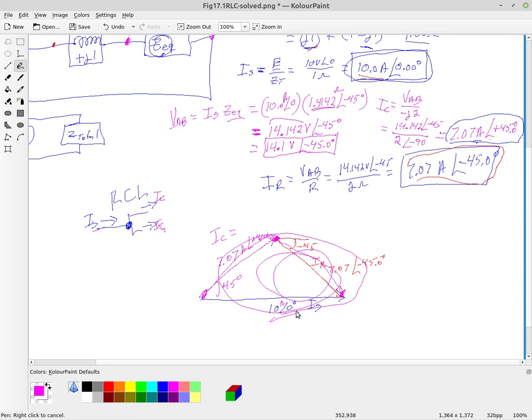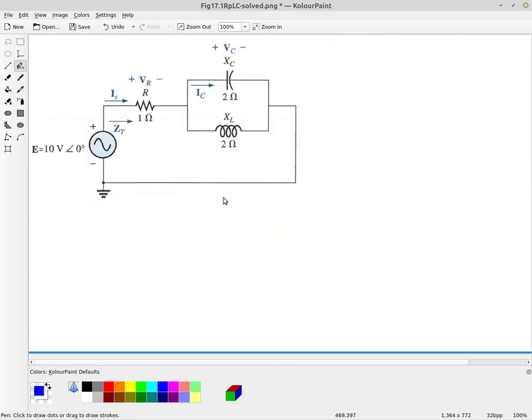The supply current was 10 amperes at an angle of 0, and so the supply current IS is equal to IC plus IR. But remember, these are all phasors, so you have to pay attention to those angles. Kirchhoff's current law, KCL, always applies to any point in the circuit. Current coming in must equal the current leaving.